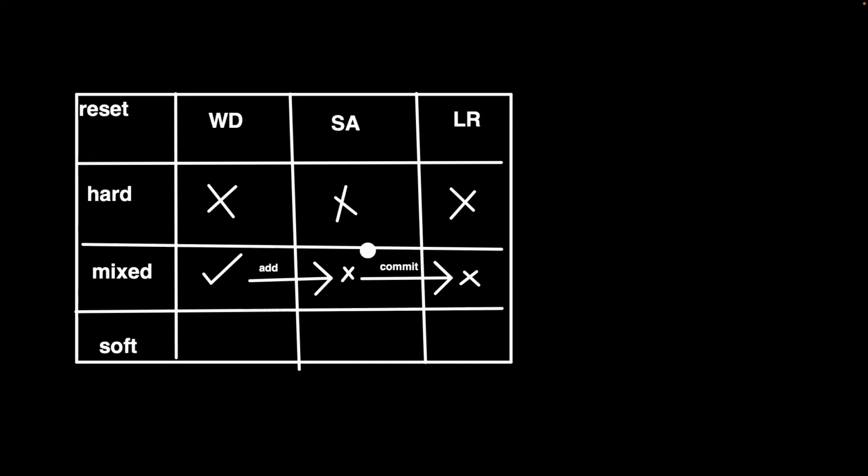And in the soft reset, your changes are removed from the local repository, but they are still there in the staging area. Is it possible to get the changes back or not? Yes, it's possible. It's already there in the staging area. You have to just run the commit.